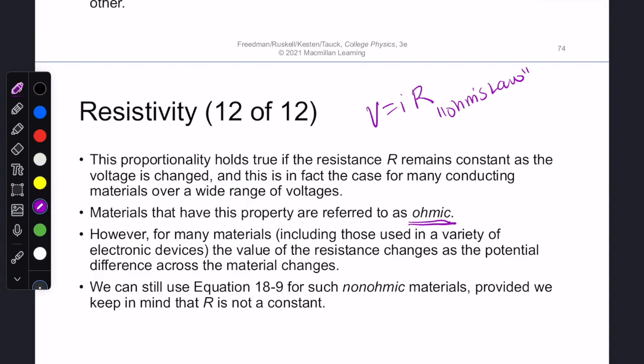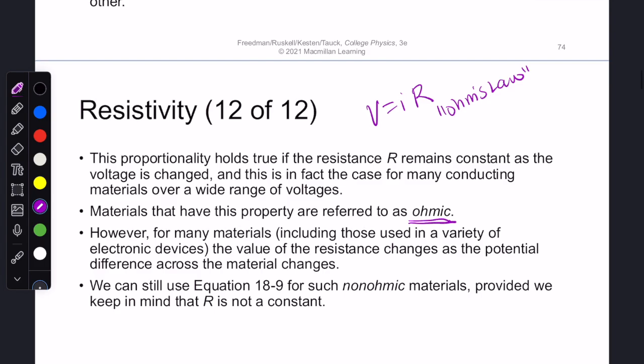Ohmic materials will have this behavior: if you apply a potential V, you get an I out of it. If you apply 2V, you get 2I. If you apply 3V, you get 3I. It's proportional. But there are some materials that are not ohmic, and that means that R isn't constant at all. If you apply a small V, you'll get a particular R. If you apply a large V, you get a totally different R.